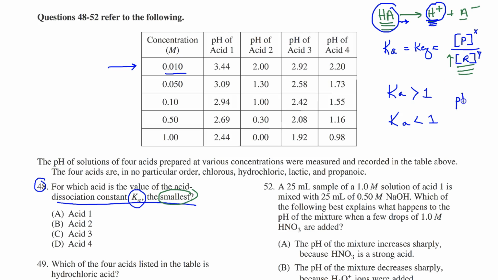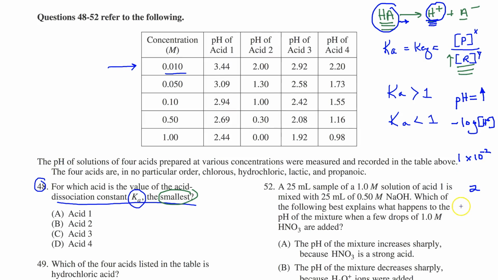Therefore, the pH should be the greatest, right? What is pH? Negative log of the H plus ion concentration. If this was a large number, like 1 times 10 to the negative 2, the negative log of that would be 2.